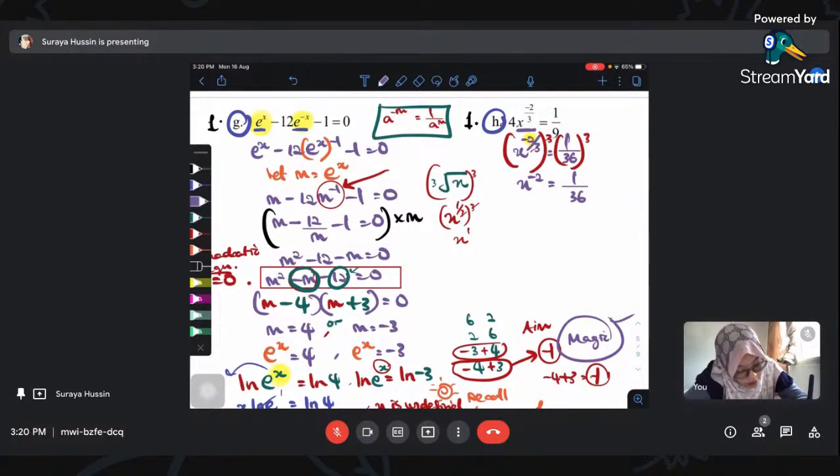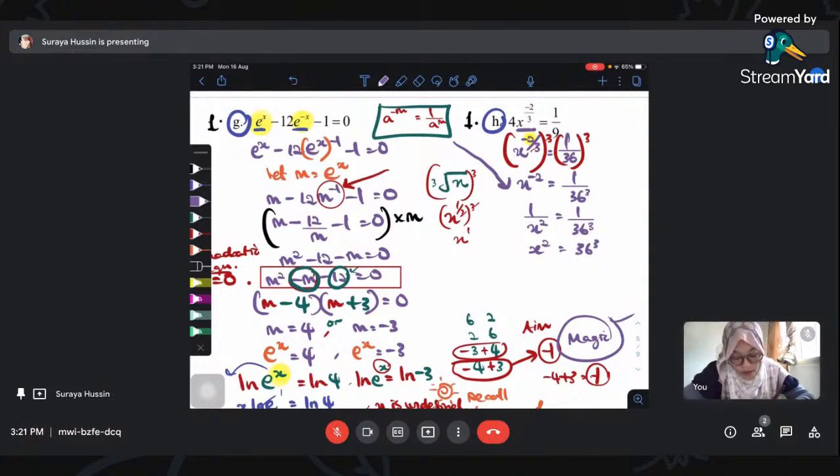Sebab saya ada banyak cara nak selesai ni. So, I'm thinking of which one is the easiest to teach you all. Okay lah, macam ni lah. I apply this again, and then cross multiply. Yeah, you cross multiply.